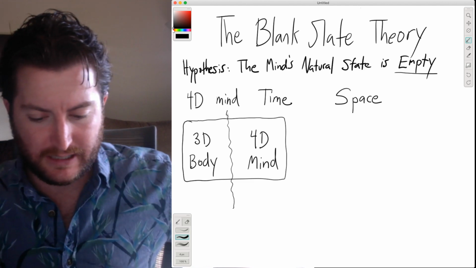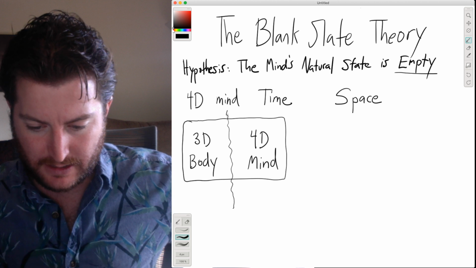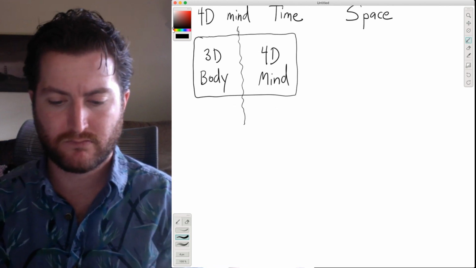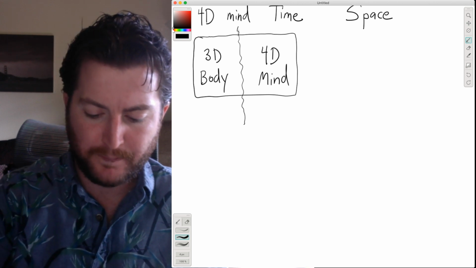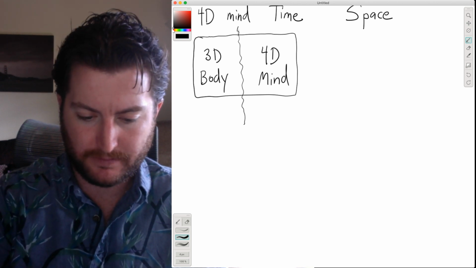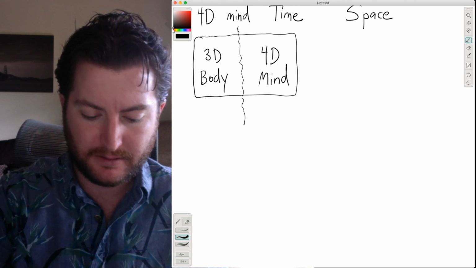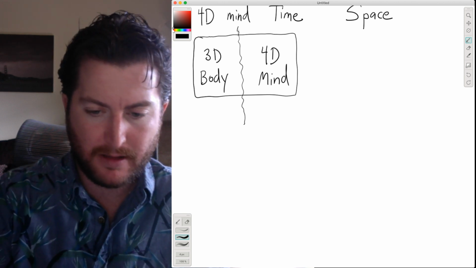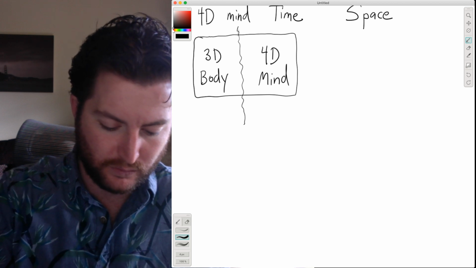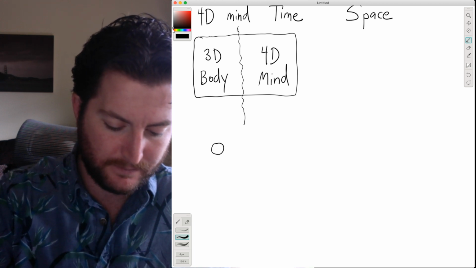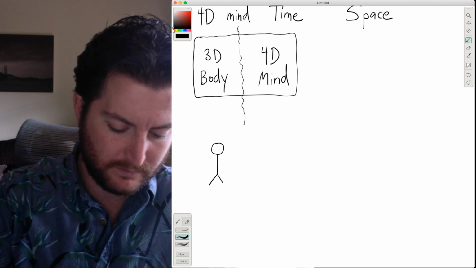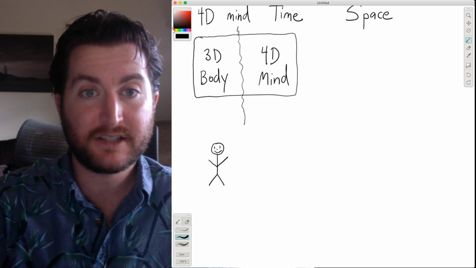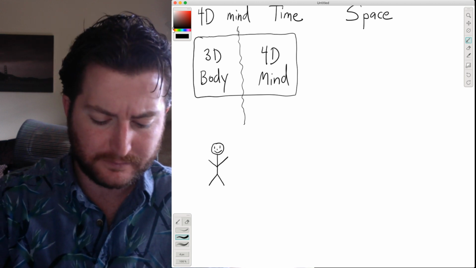So the way that I want to illustrate this is, well, let's move this up. What I want to do is show you how you can start to discern this. We have our body. This is us in 3D, okay?